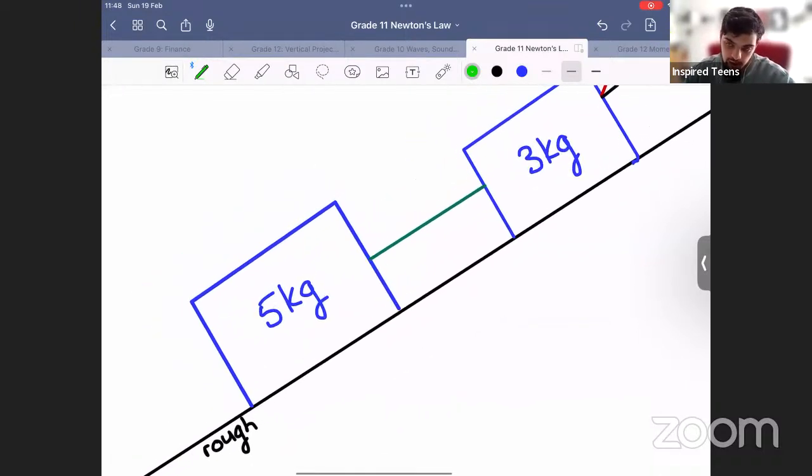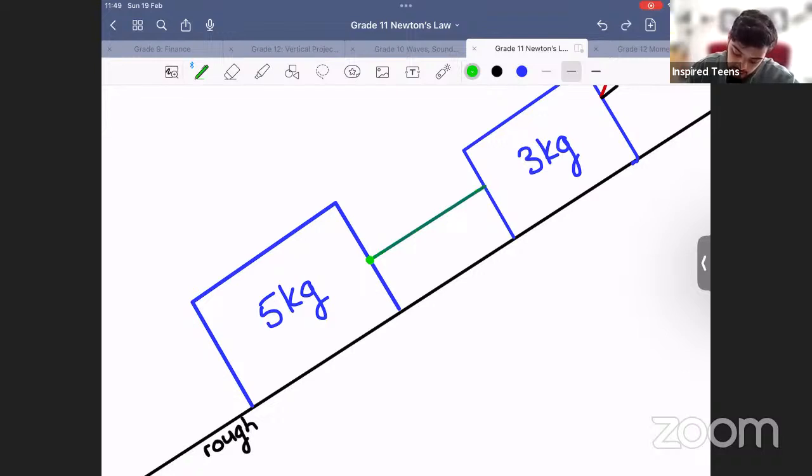Whenever you're dealing with tension, tension is always wherever the rope touches the object. You start at the point where the rope touches the object and you go away from the object. That's the direction of tension.